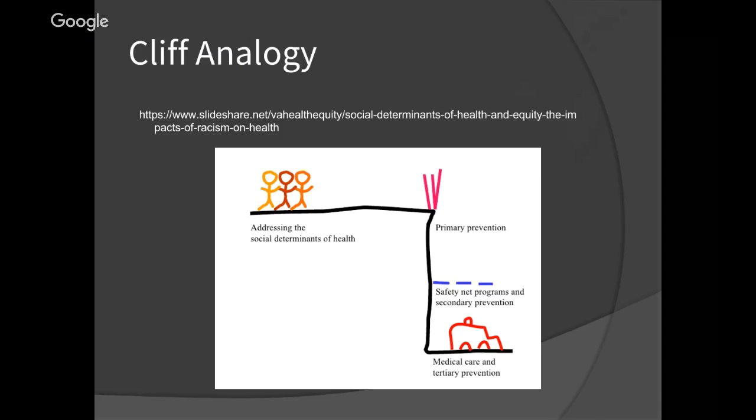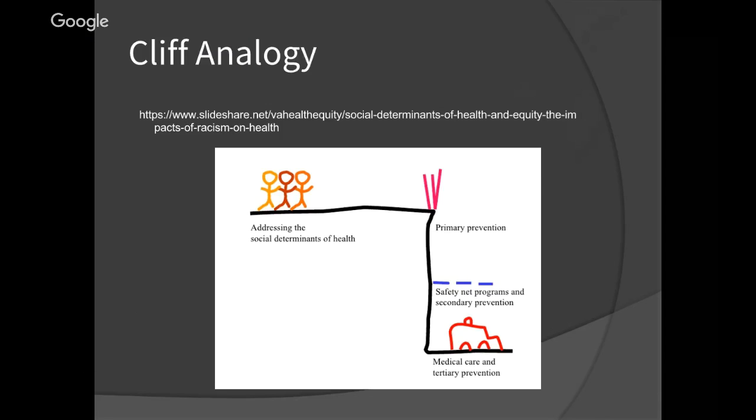If you're identifying folks who are overweight before they get to obese or before they develop diabetes, you're trying to prevent that health condition from progressing, right? Trying to prevent them from hitting the ground. But they're still falling over the cliff.